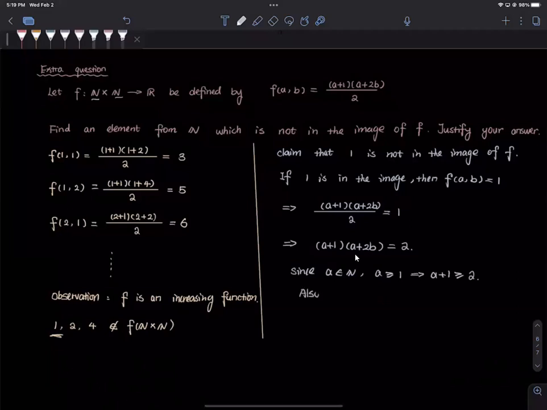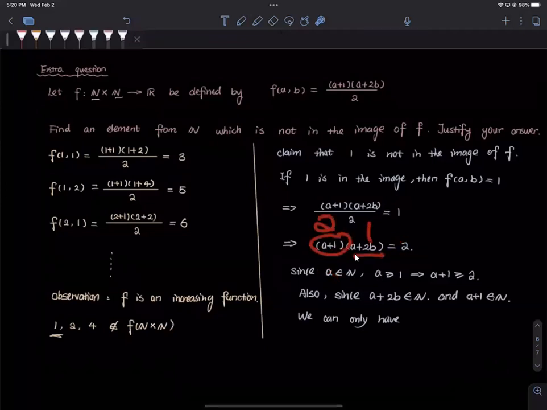Also, since a plus 2b is a natural number, and a plus 1 has to be a natural number as well, because you have 2 natural numbers multiplied together and equal to 2, one of them has to be greater than or equal to 2, which means this one can only be 2 and this one can only be 1.